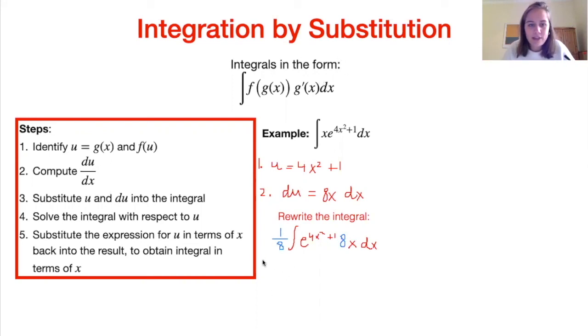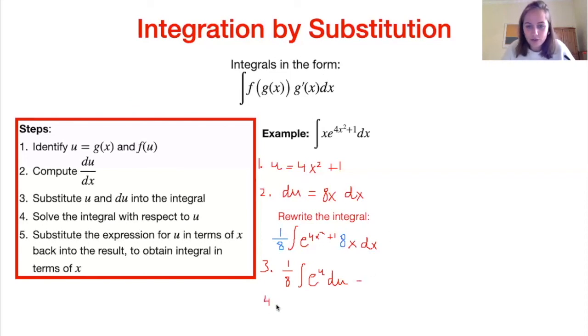We can say, then follow step 3 and substitute in our integral now e to the power of u du, because remembering right here we have our function u and here we have our function du, so we're making those substitutions. Now we know what the integral of e to the x dx is, right? So we know what the integral of e to the u du is.